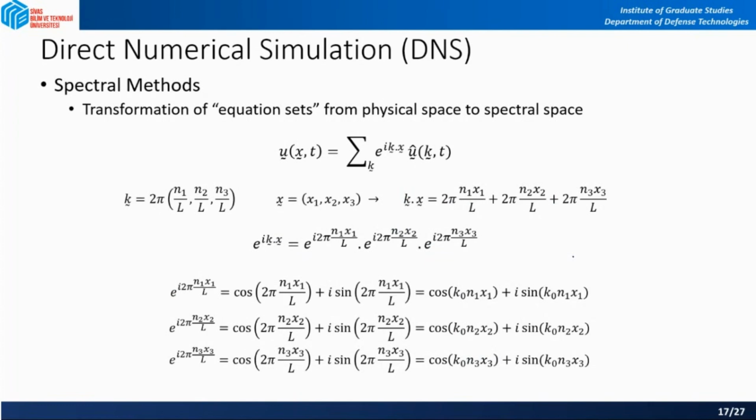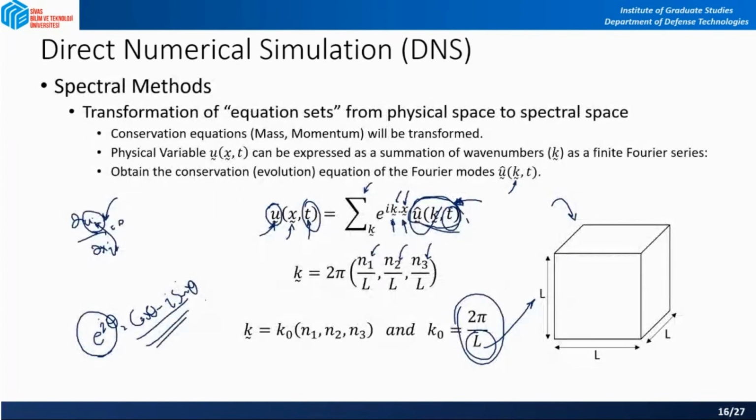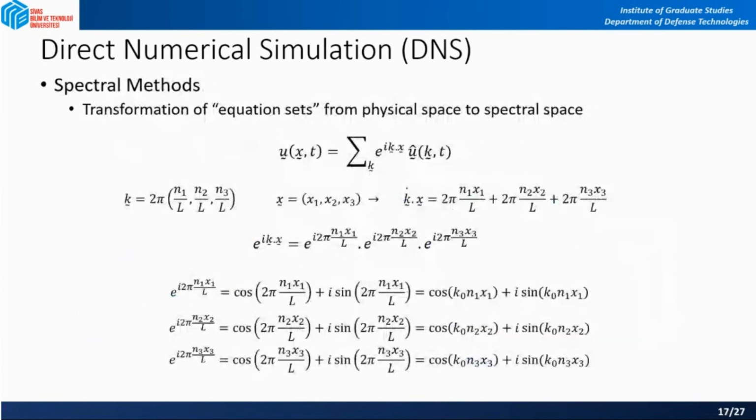So other than k, we had this x in here. So you see the k and you're seeing the x. So x is the physical coordinate, right? And you have the dot product, and let's say you have your k, you have your x. So if you dot product these, you will come up with this thing in here.